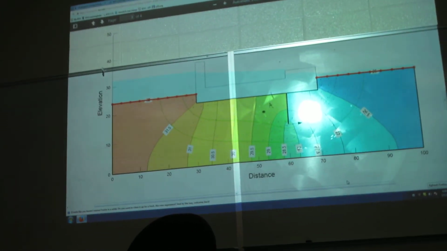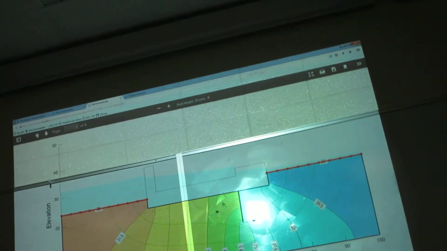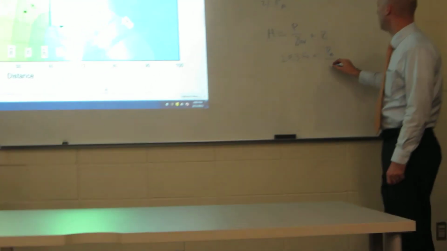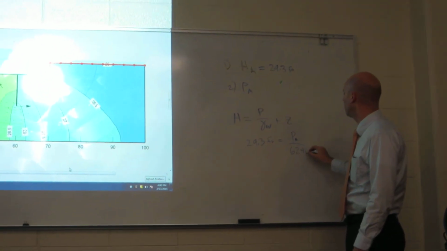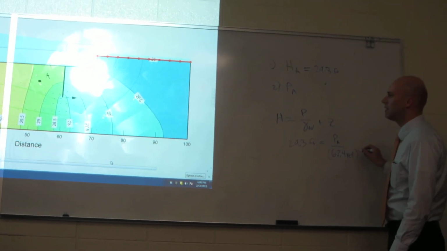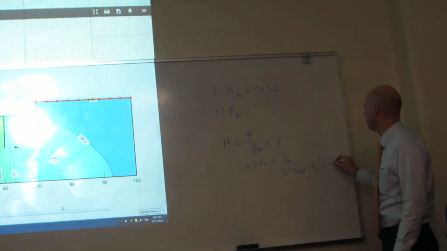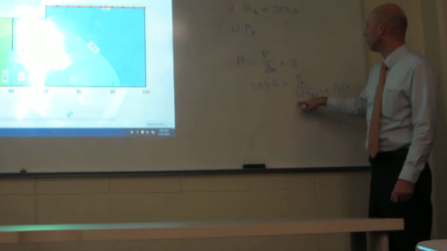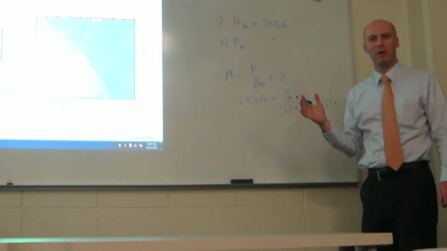All right. So this would be 29.3 feet equals pressure at A divided by 62.4 pounds per cubic foot plus, what did I say? 16 feet. So subtract 16 from this, multiply by 62.4. Anyone have a calculator?